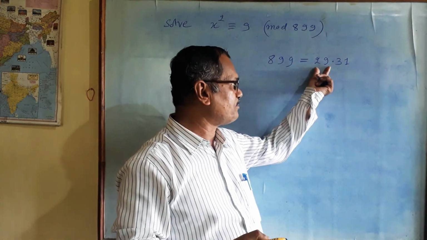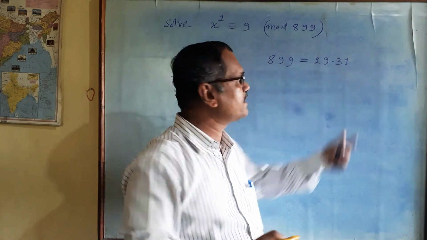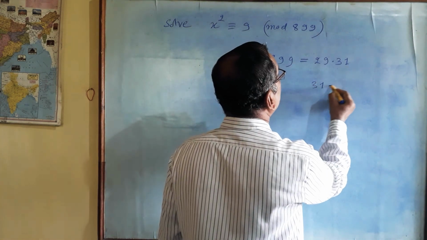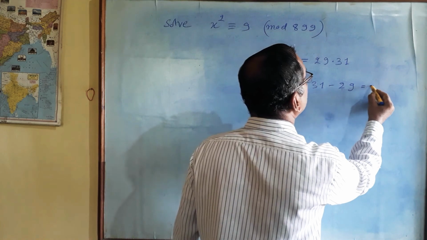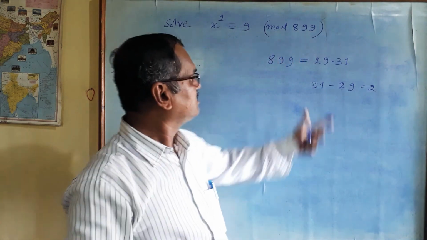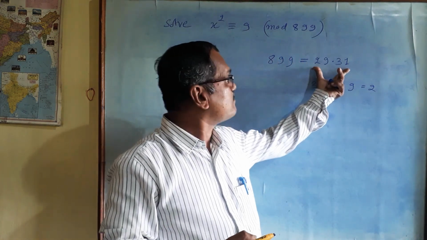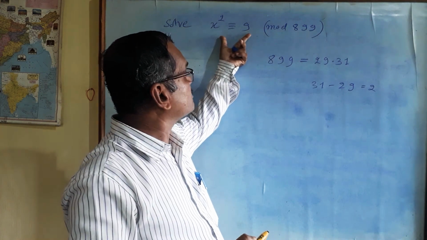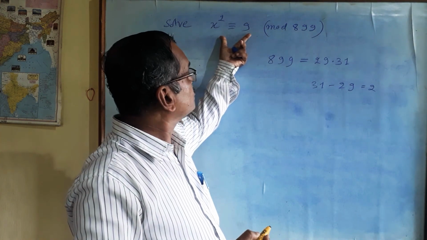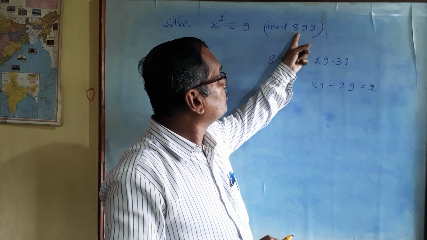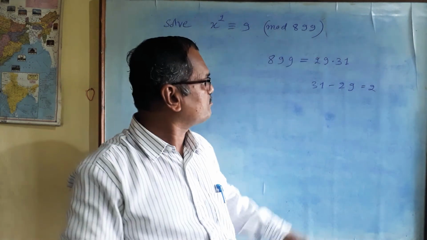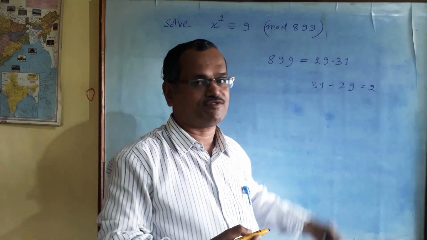Definitely 29 is a prime, 31 is also a prime, so their difference, 31 minus 29, is 2. That means these are twin primes. This is a standard quadratic congruence of composite modulus, modulo a product of twin primes. The primes are 29 and 31.